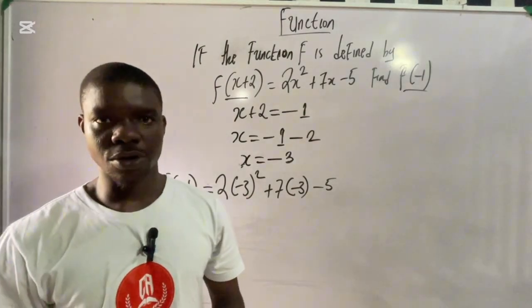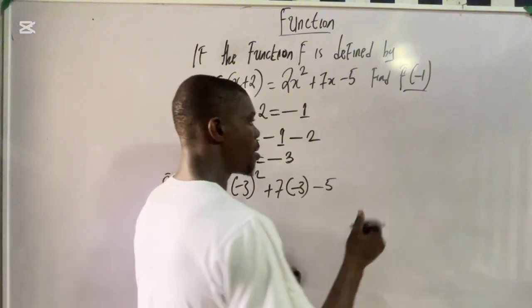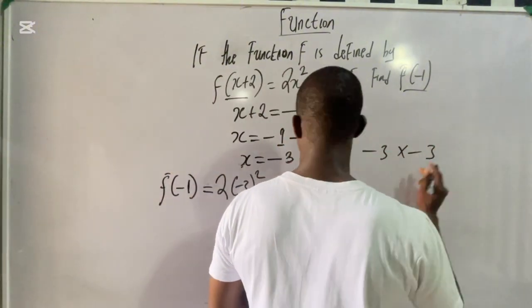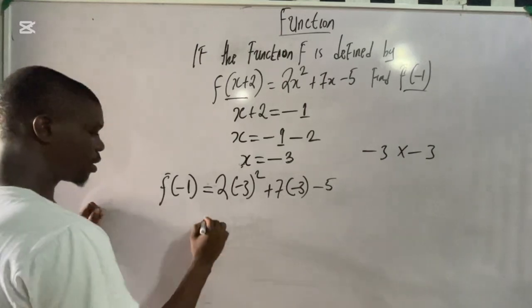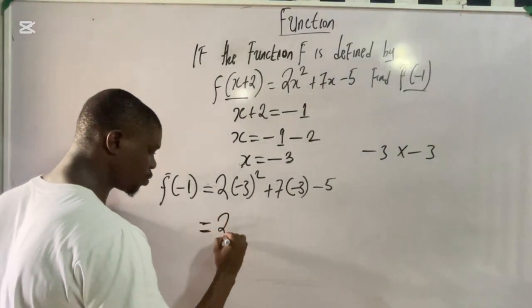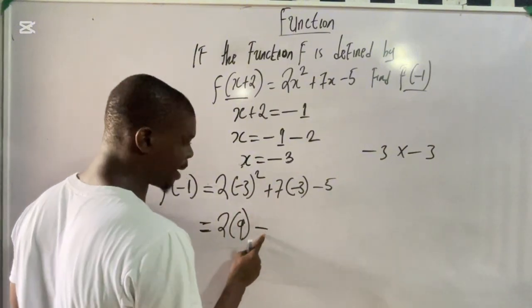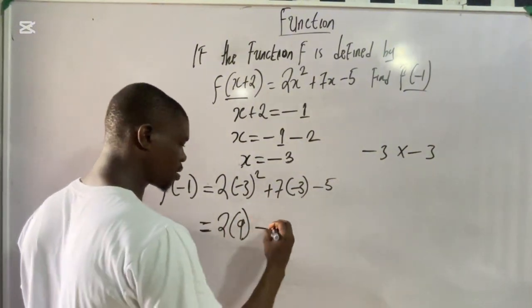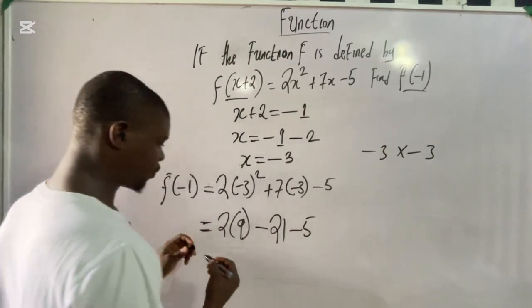(−3) raised to 2 is going to be −3 times −3. Minus times minus is plus, and 3 times 3 is 9. So it's going to be 2 times 9, plus, remember, plus times minus is minus, 7 times 3 is 21, minus 5.